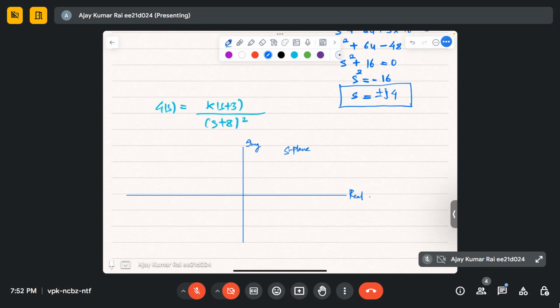Let's first plot the poles and zeros. We have one zero at s equal to minus 3, and 2 poles at minus 8.